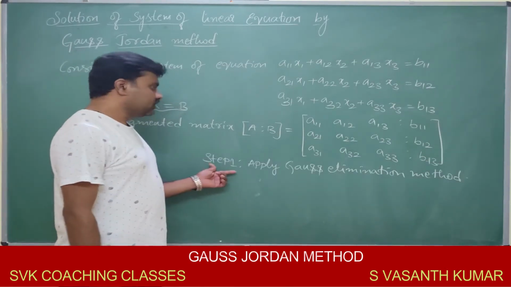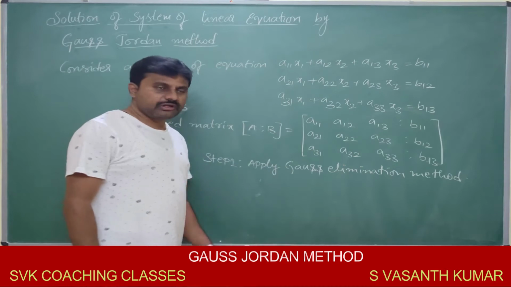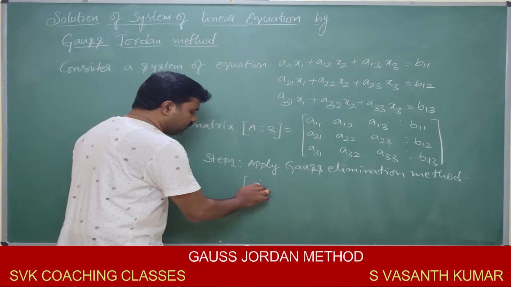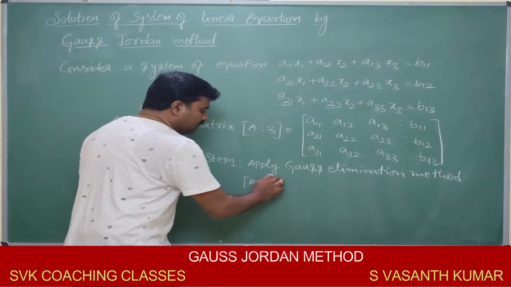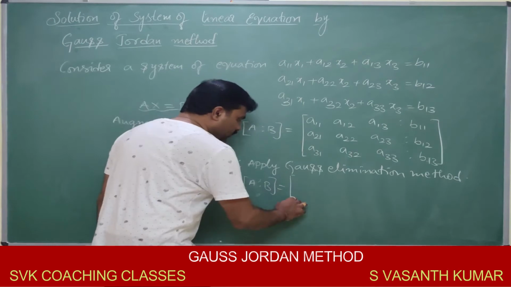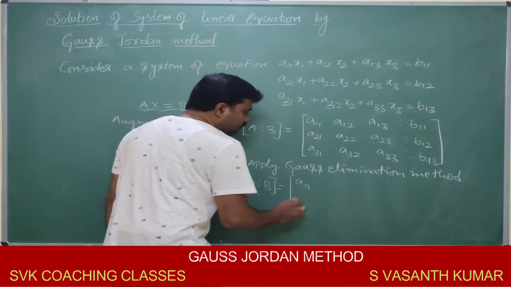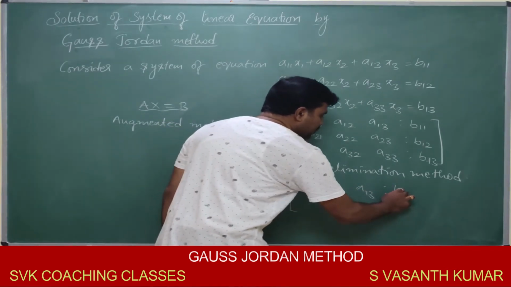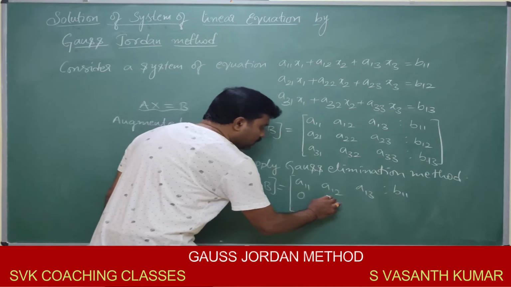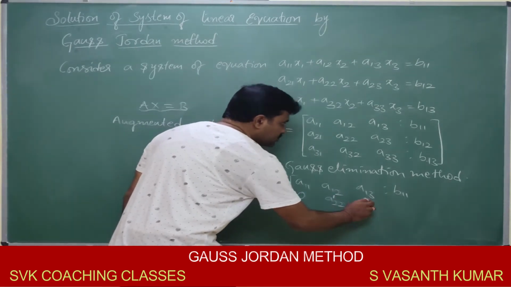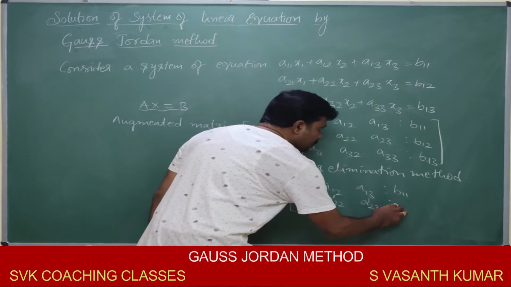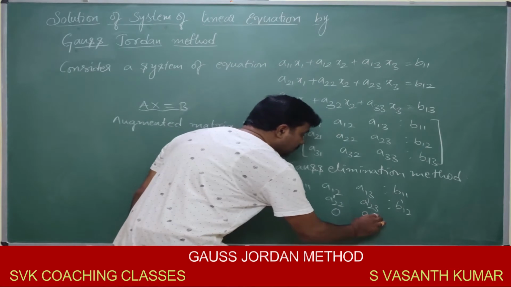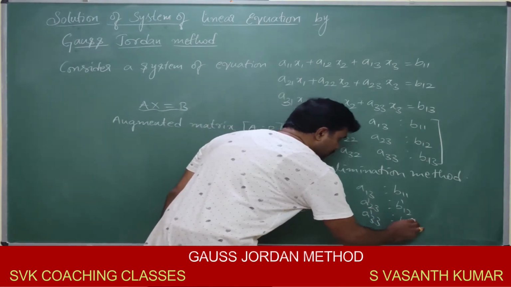Step 1 is to apply the Gauss elimination method. After applying it, we are going to get an augmented matrix of the form a11, a12, a13, b11; 0, a new value called a22 dash, a23 dash, b12 dash; 0, 0, a33 dash, b13 dash.